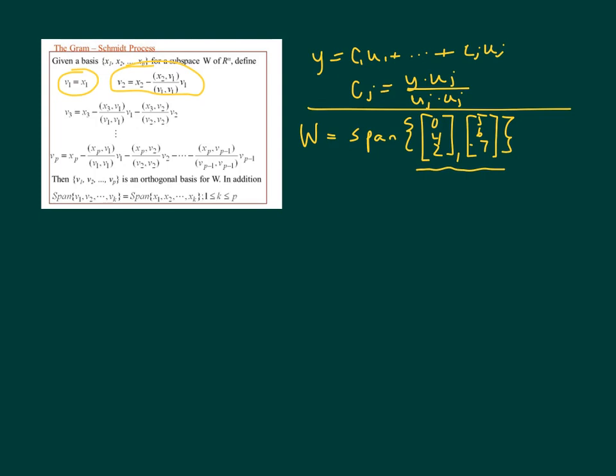And, okay, so first step is we're going to let our V sub 1 equal the very first one. So we're going to call these x1 and x2. Our V sub 1 is given by 0, 4, 2.